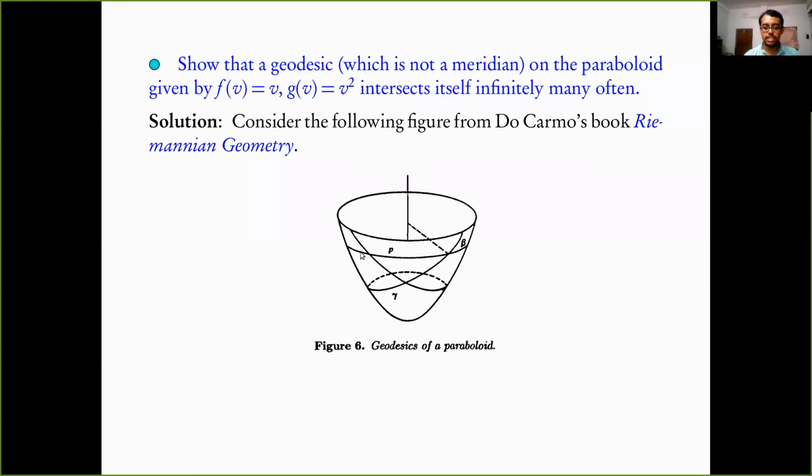So as you see here, this circle, or part of the circle, is a parallel, P. This is a geodesic gamma, okay? And this is the angle beta. So that's what they mean by the angle between the geodesic and the parallel at the point of intersection.